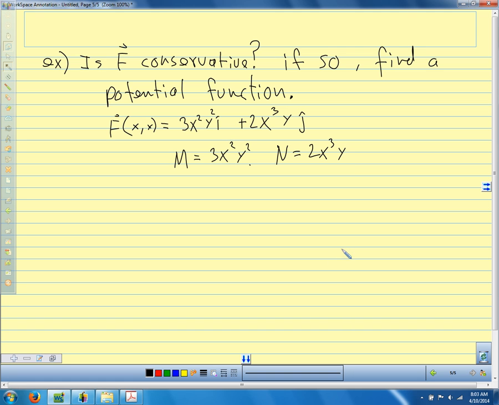And we're going to test our partial derivatives. So the partial of M with respect to y, I get 6x squared y. Partial of N with respect to x, I get 6x squared y. So that says it is conservative.